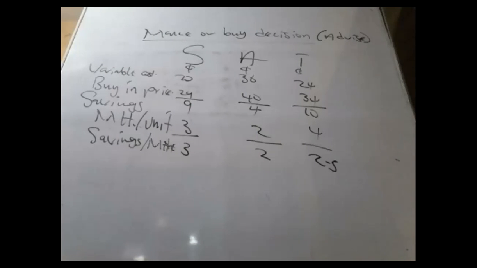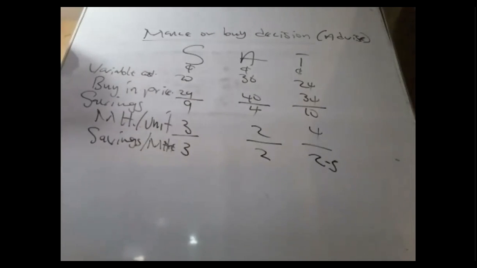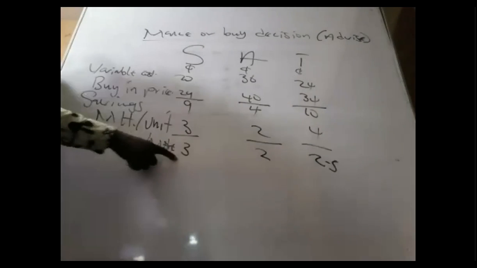Now, the machine hour that we have, we don't have it in abundance. It's scarce. So each machine hour that we use, we have to make sure we are getting great value before we use it. Each machine hour that we use saves the company 3 cedis, 2 cedis, and 2.5.